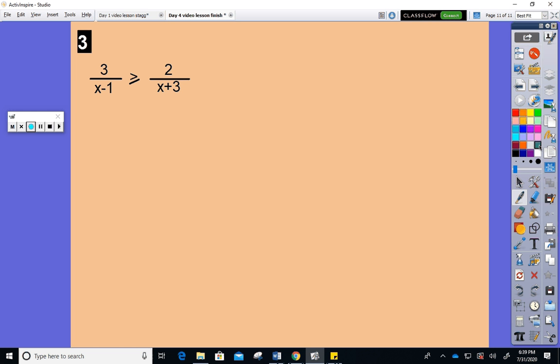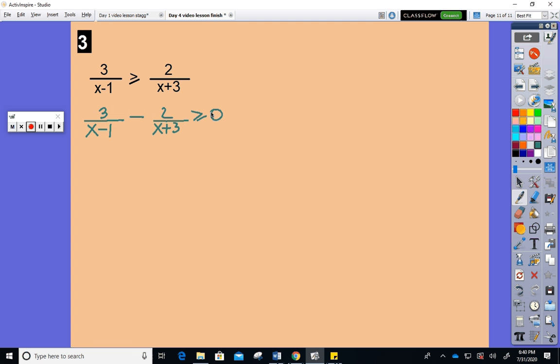All right, on this problem, what you need to do is say 3 over x minus 1 minus 2 over x plus 3 is greater than or equal to 0. Now, you could have pulled everything to the right side instead of the left side, FYI. Those are two separate fractions.